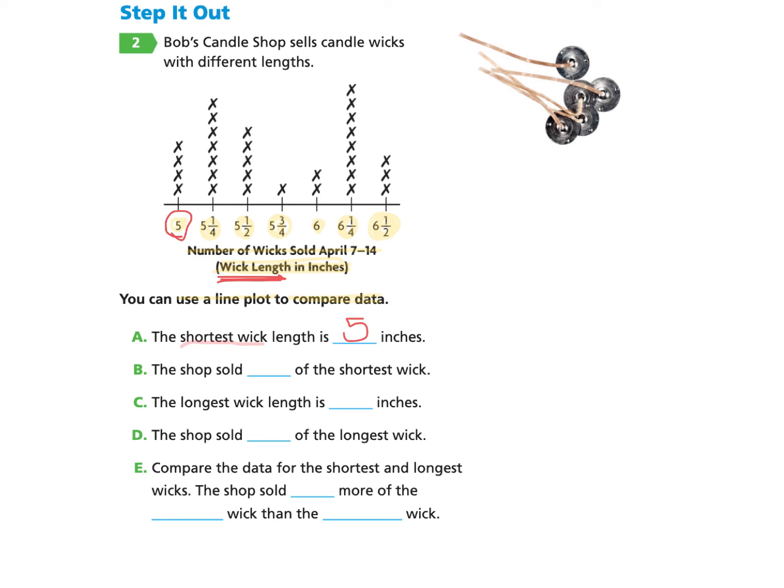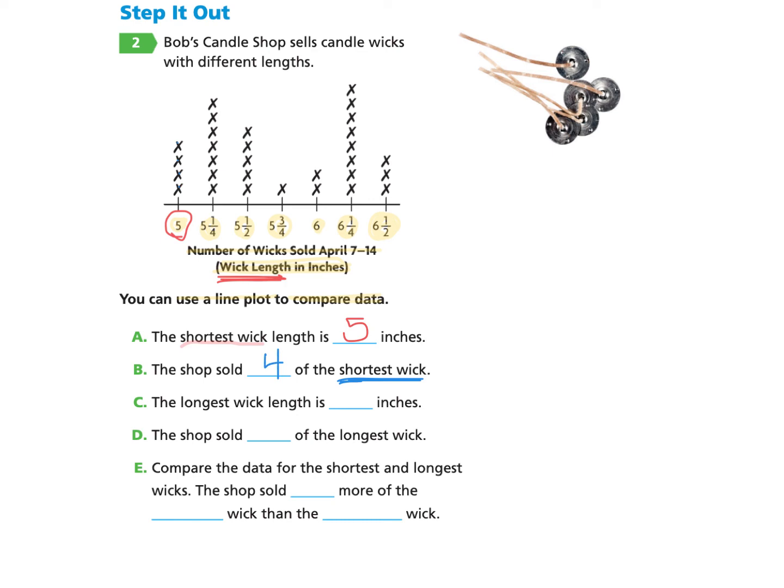Now let's take a look at part B. The shop sold blank of the shortest wick. So we're seeing how many of the shortest wick did the shop sell? Well, we see there was 1, 2, 3, 4. So they sold 4 of the shortest wick.